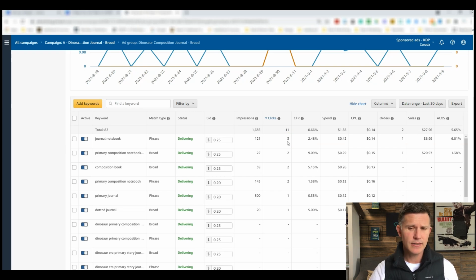It means that customers are clicking on it, but for some reason it's not converting. I would kill that keyword or pause it because I don't want to be spending any more money. In this instance, it's had 3 clicks and a buy, so it's a profitable keyword, so I'll keep it going.